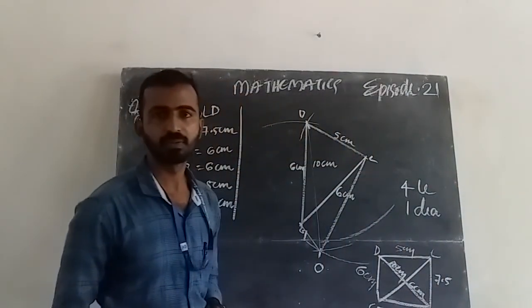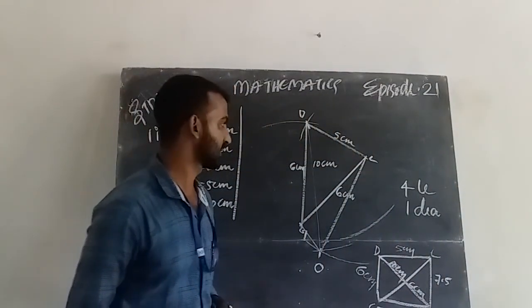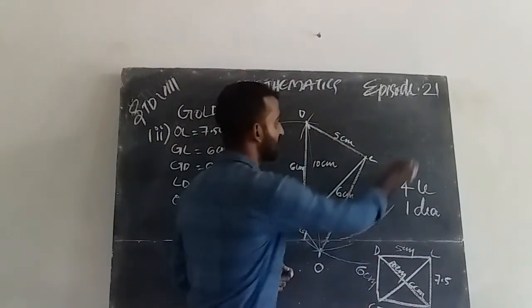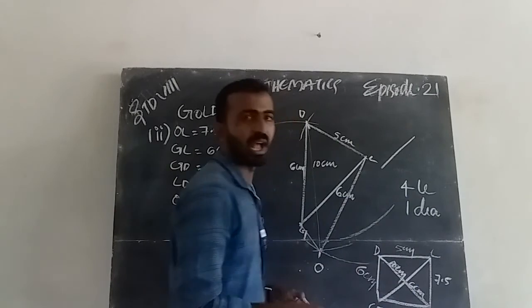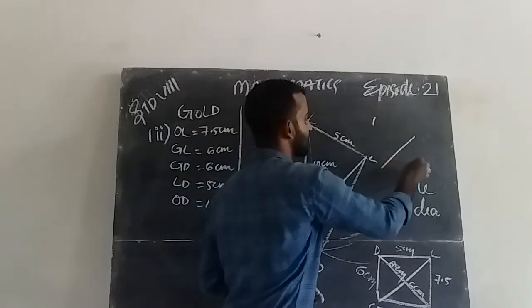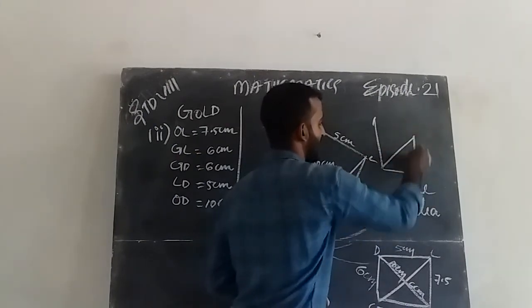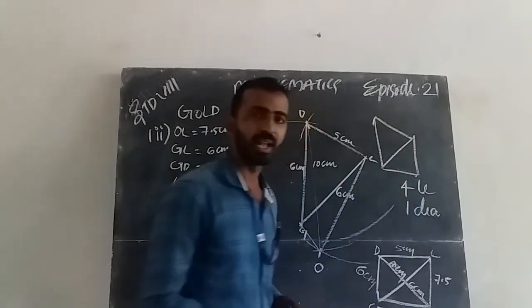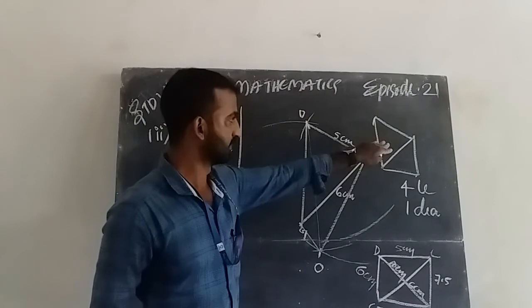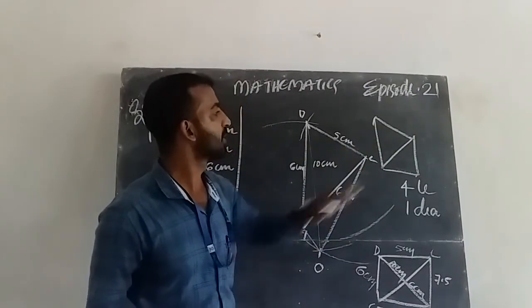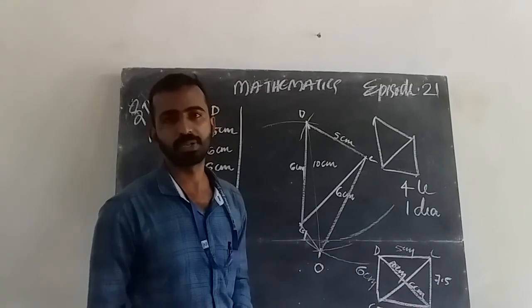First we draw, is it? Yes. And which way we draw? First we draw the diagonal and we make 2 triangles on both sides. Then we get the quadrilateral. Yes. There are 4 side measurements and 1 diagonal measurement.